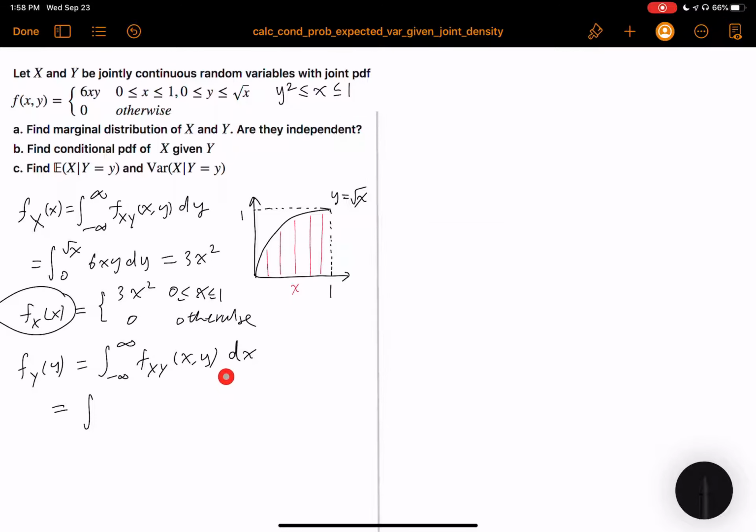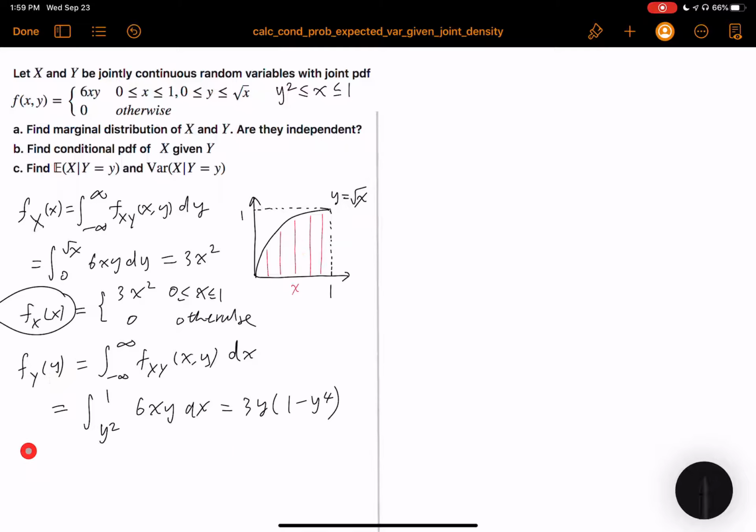Because here we are doing an integral with respect to X, and X is between Y squared and 1, this integral is from Y squared to 1 of 6xy dx. This is equal to 3y times (1 minus y to the fourth). Again, the overall possible value of Y, as we see in this plot, is between 0 and 1.